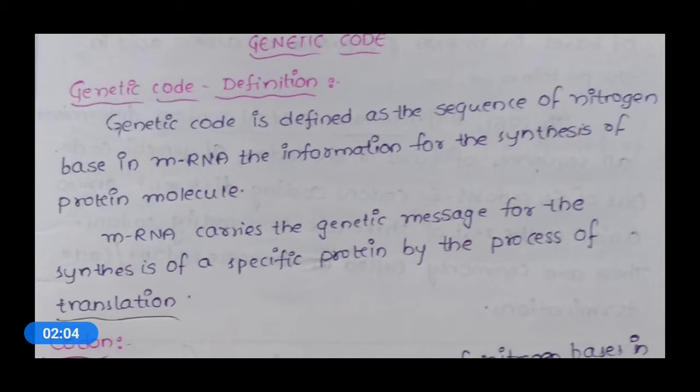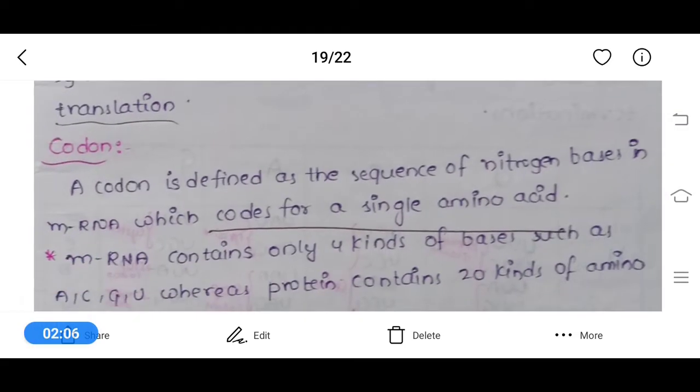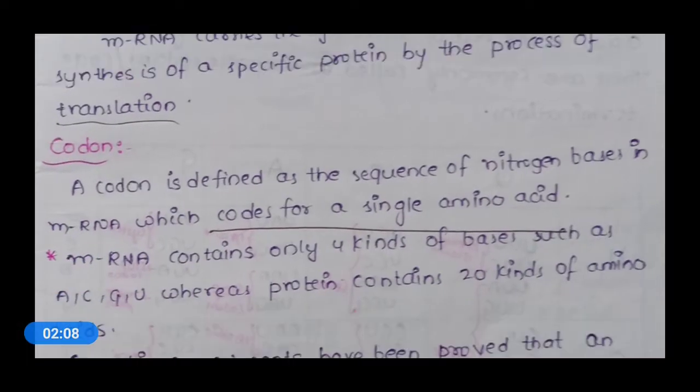Amino acids are the basic units of the protein. Different kinds of amino acids are arranged in a sequence to produce a protein.